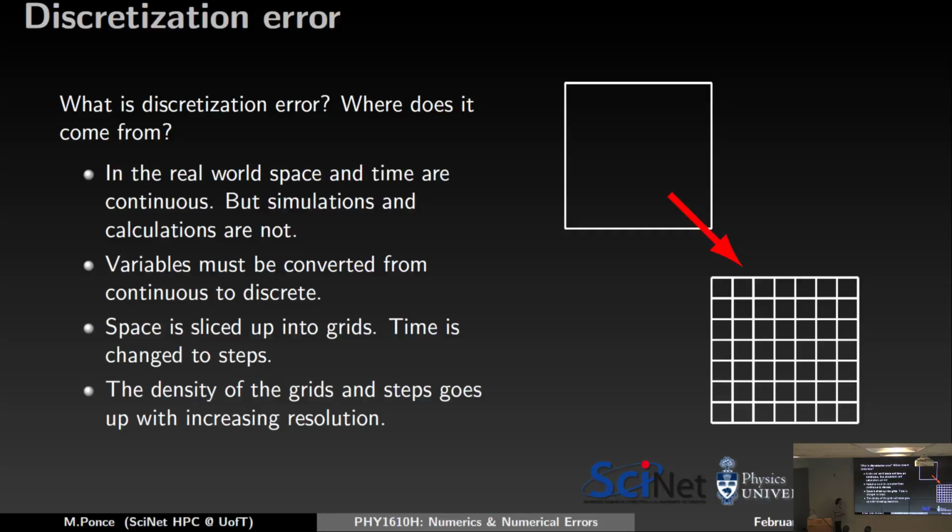So if I want to compute the derivative, I need to do a difference instead: the value of one field at this point minus the value of the field at the other point, divided by the length of the interval. That's how I will represent a derivative in the computer. Similarly, if I want to integrate. This is called discretization errors, and it comes from taking something continuous and having to discretize, because that's the only way I can handle it in the computer. When we do that, you can quickly imagine that many errors start to crawl in, associated with the discretization but also tied to the representation of the numbers.